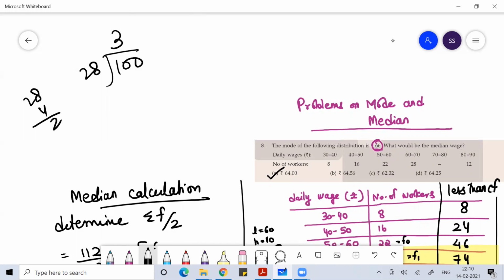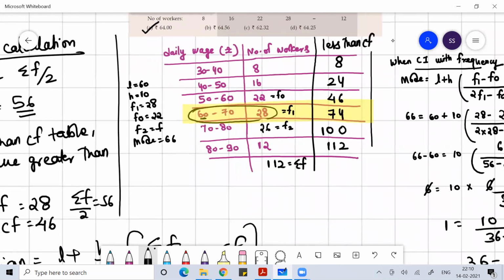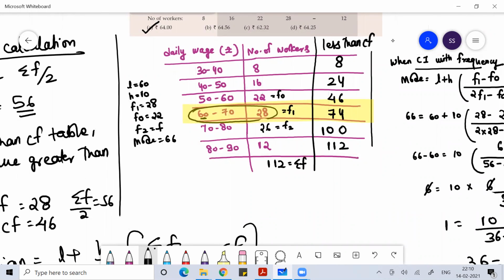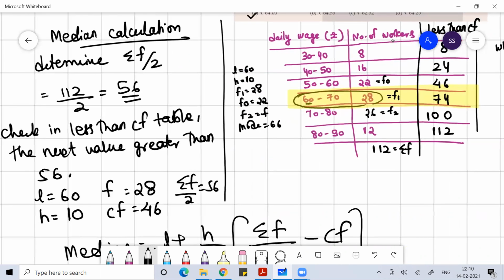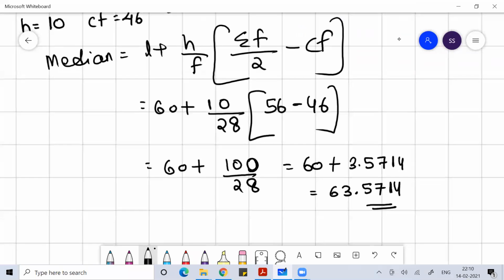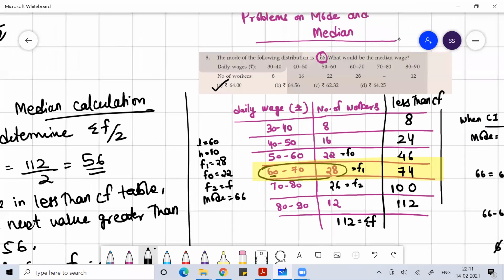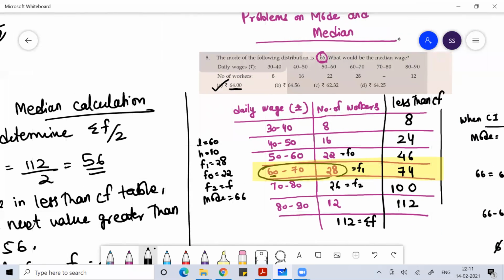So we got the F2 value, which was 26. The median we got is 63.5714 only, so the most closest value is 64. So you'll go with this as the option.